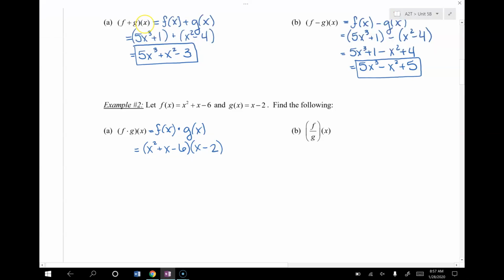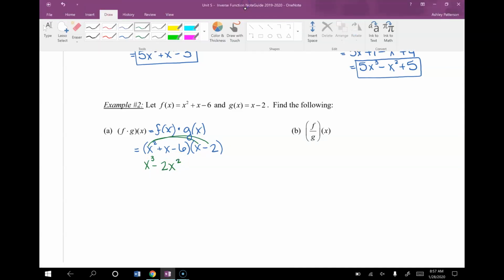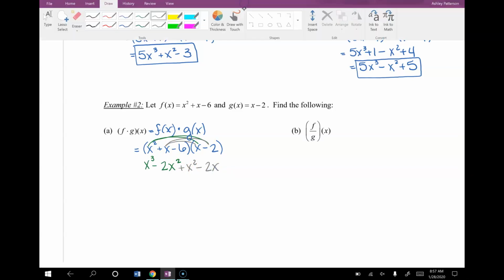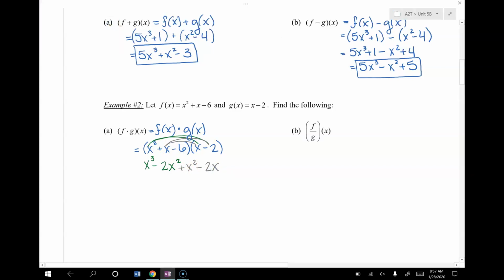We are going to distribute, so x squared times x gives us x cubed. X squared times negative 2 gives us negative 2x squared. Just going to use different colors so we can make sure we're keeping track. And then x times x gives us a positive x squared. X times negative 2 gives us negative 2x. We're taking every term in the first trinomial and multiplying it to every term in the binomial.